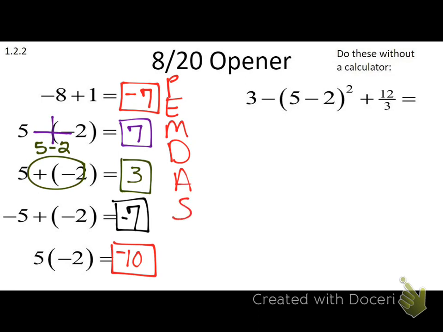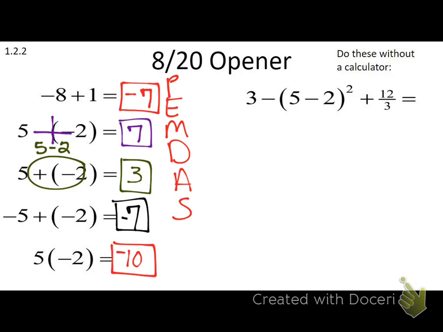What helpful hint or tip am I going to use? So parentheses. That means I'm going to start within my parentheses. What do I need to do first, Maddie? Parentheses first. Which is? 3. So you took 5 minus 2.